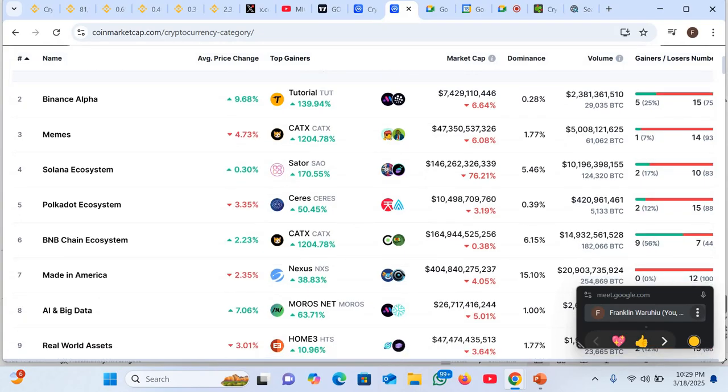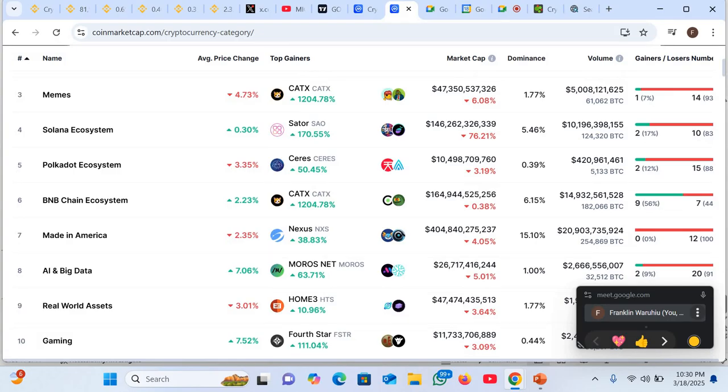And also we have what we call Solana tokens. These are tokens that are created on the Solana ecosystem, or what we call the Solana network. And also we have what we call the BNB ecosystem. You have all seen that in the last 24 hours, the BNB ecosystem has had more volumes than the Solana ecosystem.